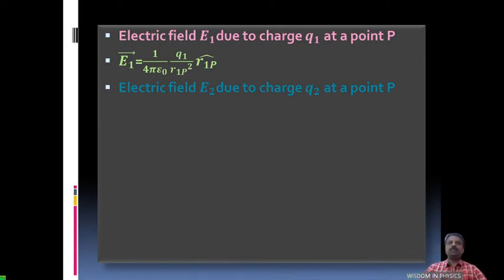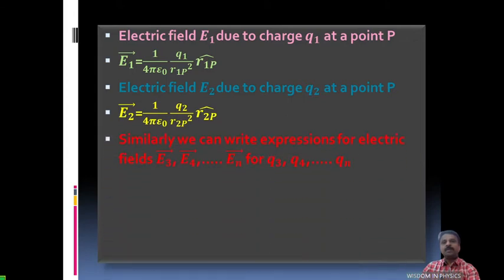For the electric field E2 due to the charge Q2 at point P, we write E2 vector equal to the same thing: in place of Q1 we put Q2, in place of R1P we put R2P square, and the corresponding unit vector R2P cap. Now we extend the concept for n number of charges.